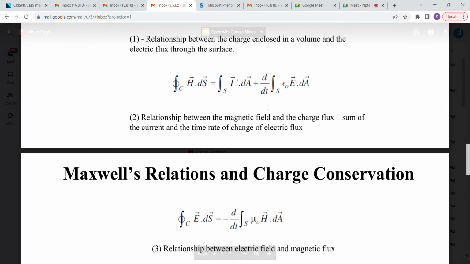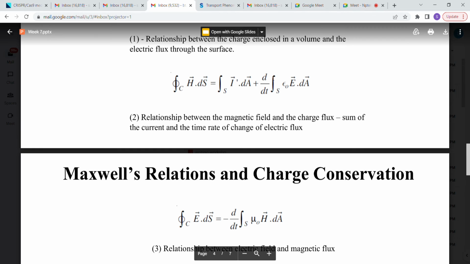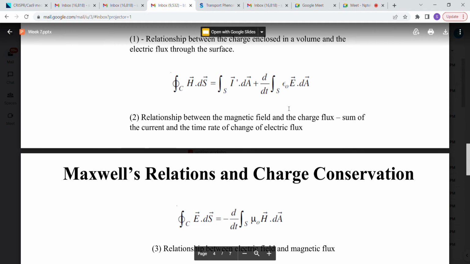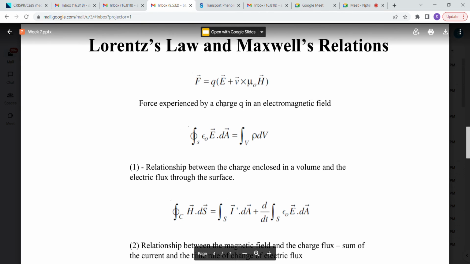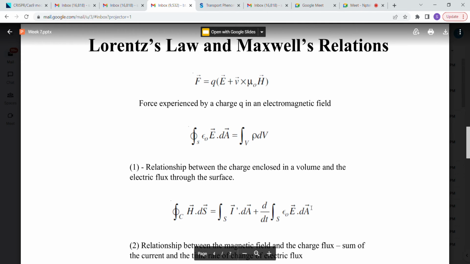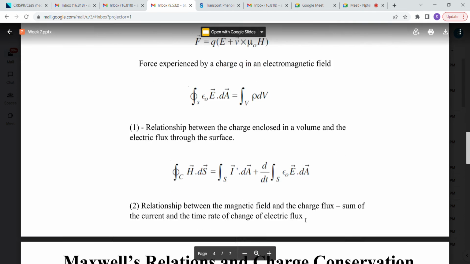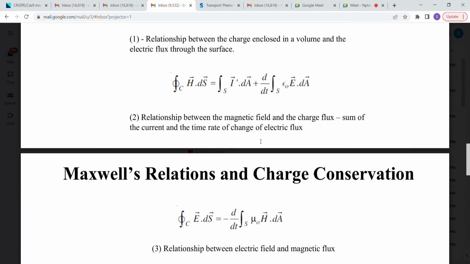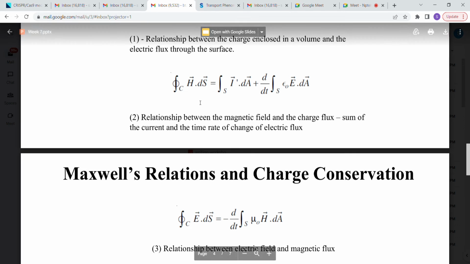This is the time rate of change of the electric flux. Electric flux is given by, as you can see here, the surface integral. Both terms are similar, and that's how it is. This is the second relationship. So I'm repeating once more: the relationship between the magnetic field and the electric charge flux is the sum of the current.